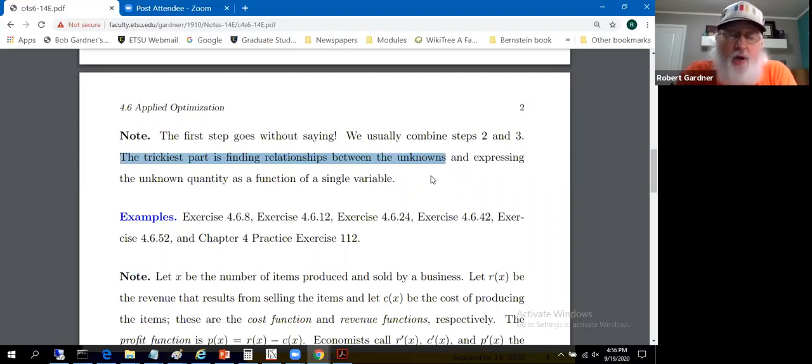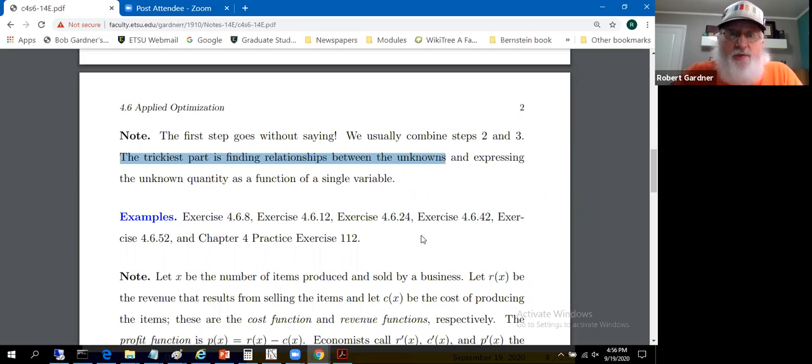There, you often used the Pythagorean theorem. That'll pop up in these as well. You used similar triangles. That may pop up here. That one I think is likely to play less of a role here. You may be just given information that allows you to find these relationships, like in that first example where you were told the perimeter.